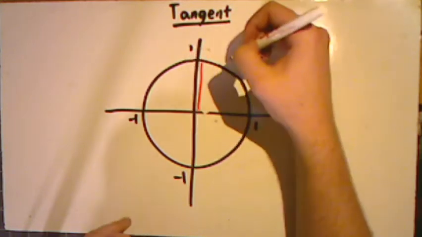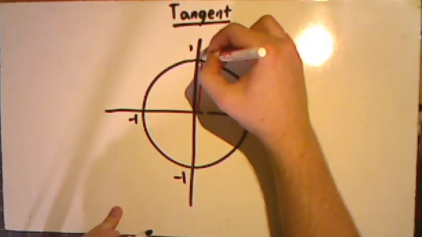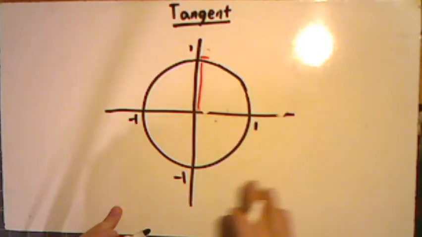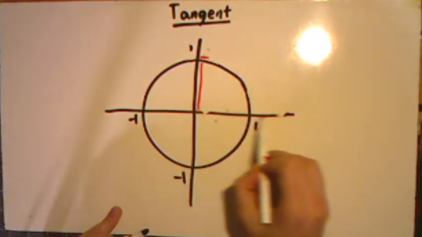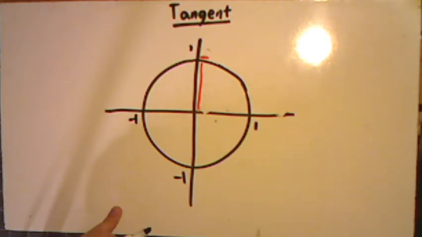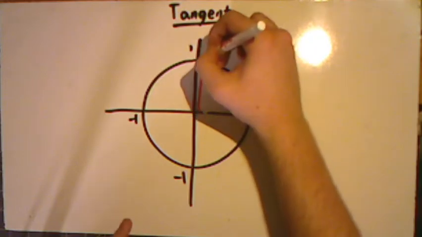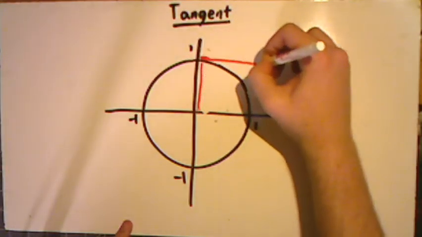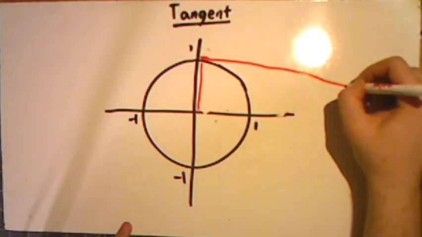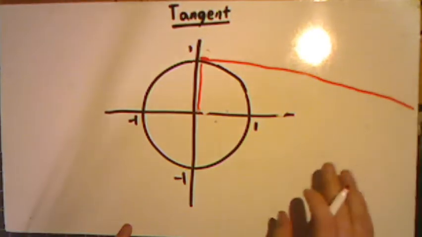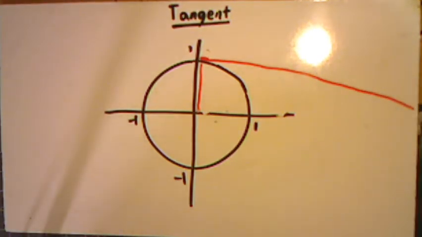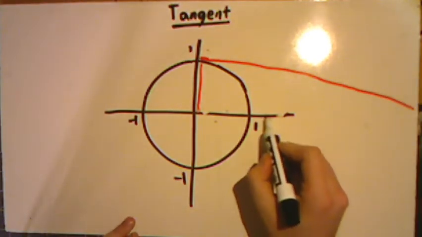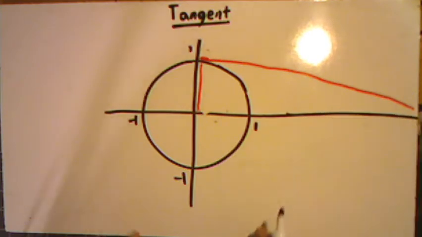We need to make a perpendicular line, and that perpendicular line is very, very close to being parallel to this one. If it's that close to being parallel, the line we are extending outwards will, ever so slowly, eventually meet the x-axis.